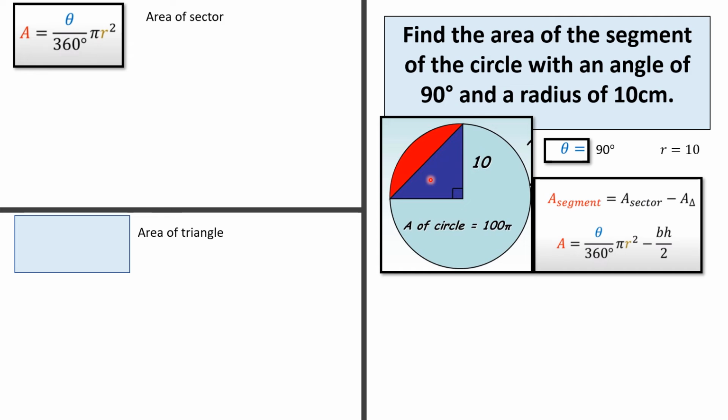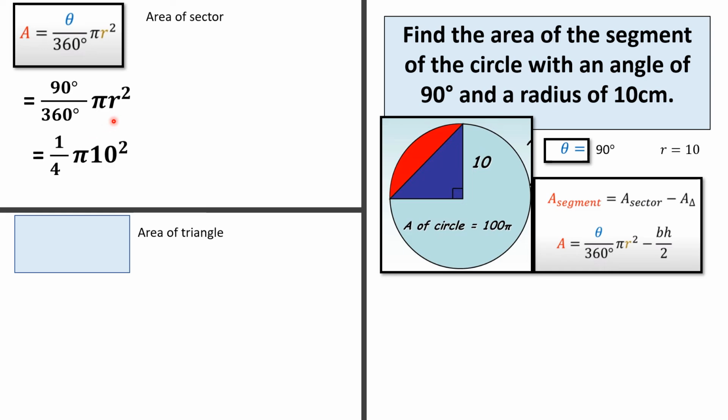The first thing is to identify our central angle, 90 degrees, and the radius is 10. The first step is to find the area of a sector. Ang area of a sector natin is theta over 360 times pi r squared. What is our theta? 90 degrees over 360. Ang r natin is 10.